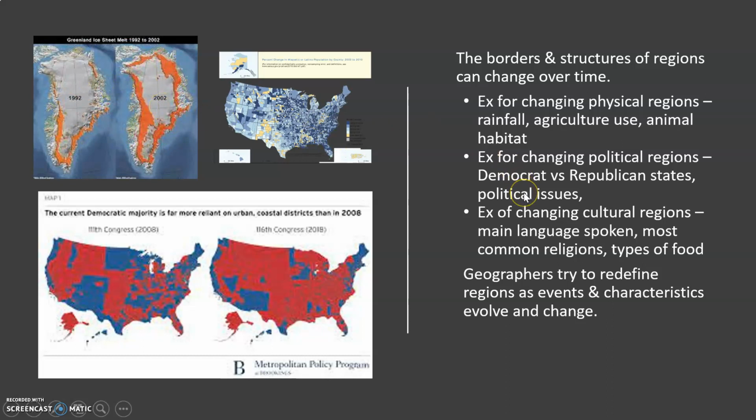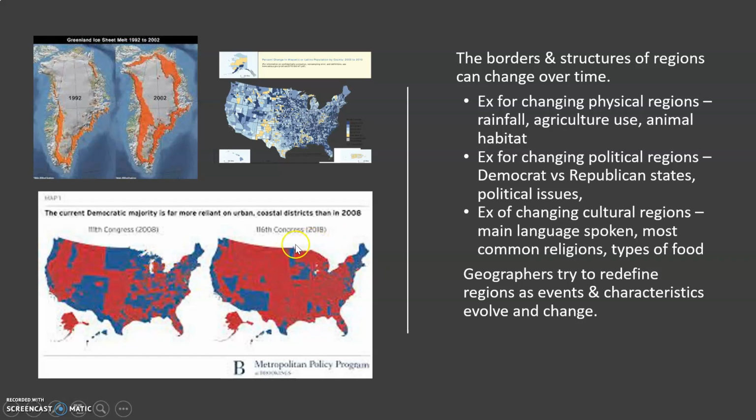Or we can have changing political regions. For instance, Democrat versus Republican states, political issues. This bottom map shows how the majority Democrat, in blue, and the majority Republican, in red, districts have changed in Congress in 10 years from 2008 to 2018.